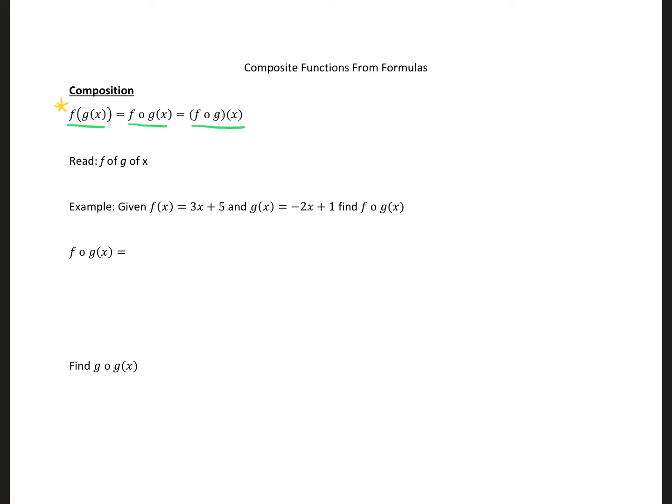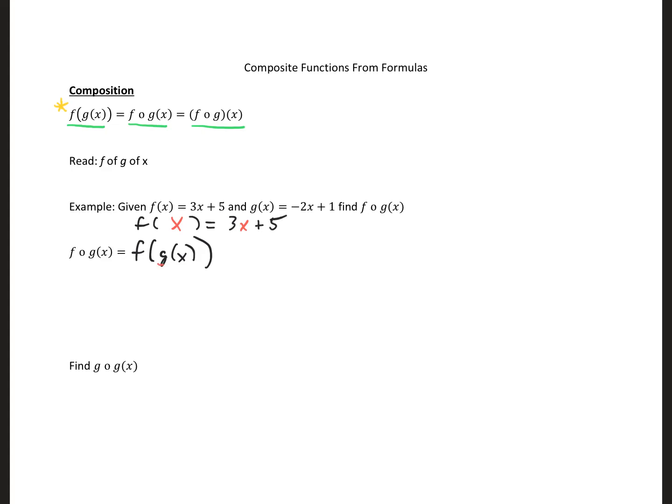So before I begin, the first thing I would like to do is switch this notation to the one that I prefer, f of g of x. Now, I want to note from above that f of x was originally 3 times x plus 5.